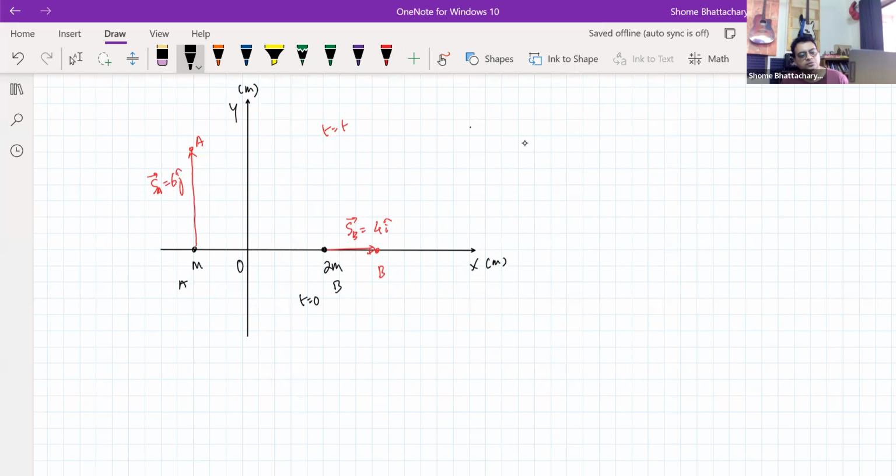And let's say the original position of this one was this, and this one was this. So find the displacement of the center of mass from zero to t time.